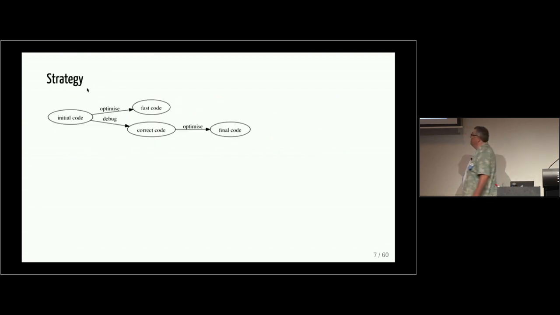So strategies. You start off with code. When you first write your code, it doesn't work and it's slow. And you have the choice of trying to debug it first or trying to optimize it first. This is not what the mathematicians would call a commutative diagram. There is one path that works and one that doesn't. So you want to debug it first so you've got correct code and then optimize it.